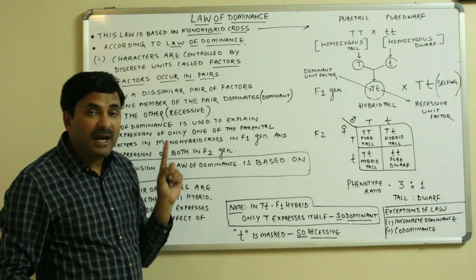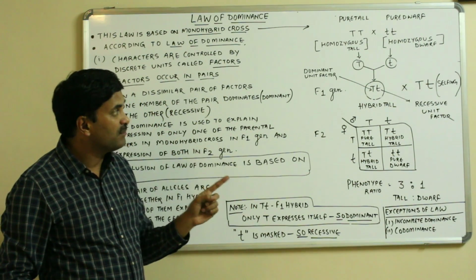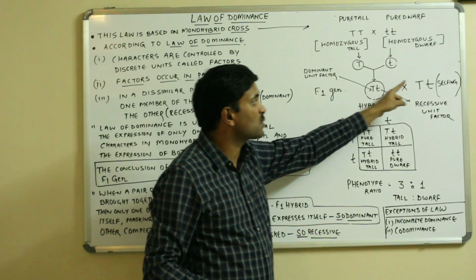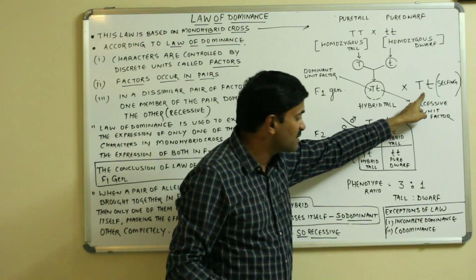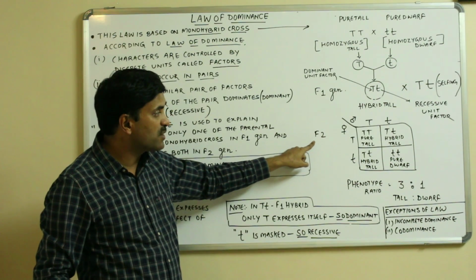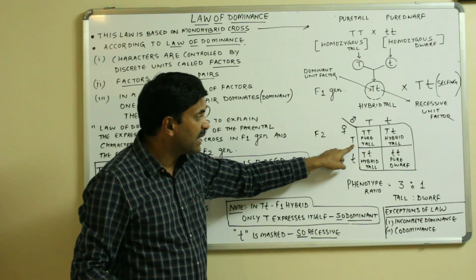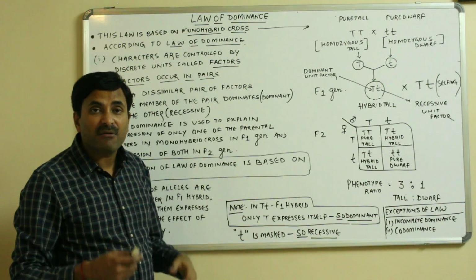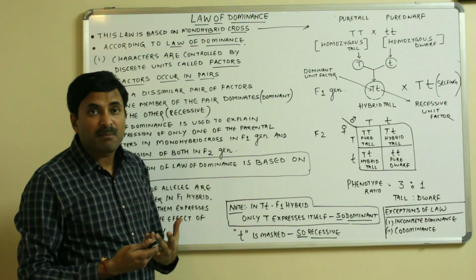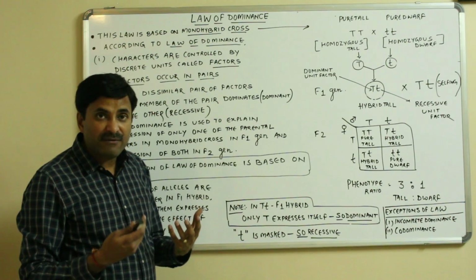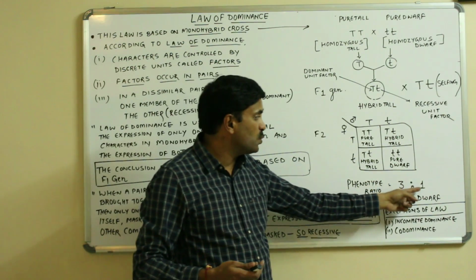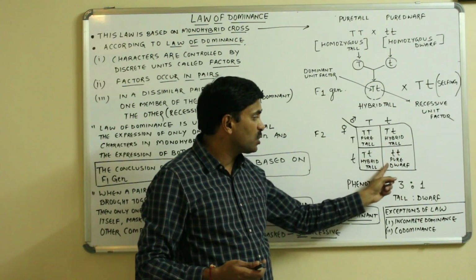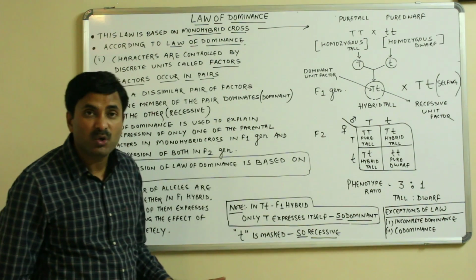Now when the F1 generation is selfed, meaning Tt is crossed with Tt, in the F2 generation we can see that both characters, tall as well as dwarf, are expressed, and the ratio obtained by Mendel, known as the phenotypic ratio, is 3:1. You can see that 3 are tall and 1 is dwarf.